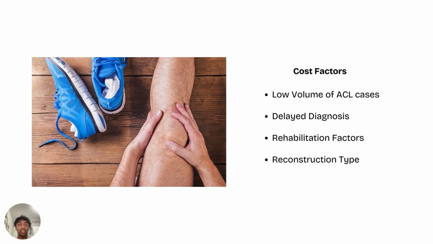Another big cost factor is delayed diagnosis, as most ACL tears are initially diagnosed as sprains, and the longer they're diagnosed as sprains compared to a tear, the more it leads to a delayed diagnosis, resulting in an increased cost of treatment as well as further injury to surrounding muscles and areas of the knee.